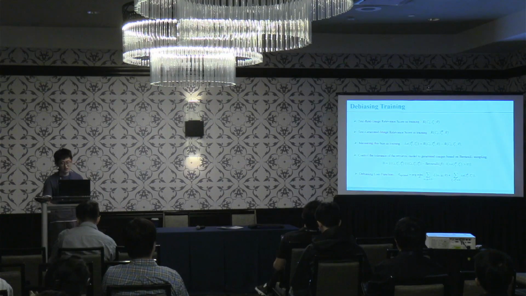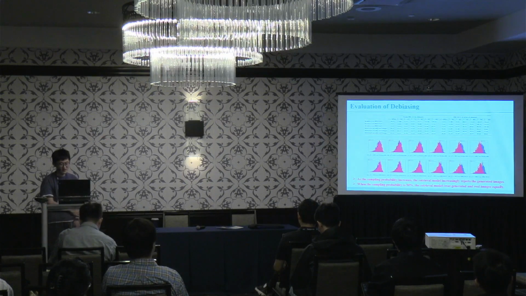Then we control the tolerance of the retrieval model to generated images based on Bernoulli sampling. The final loss function consists of the contrastive loss for retrieval and the debiasing loss based on the Bernoulli sampling.